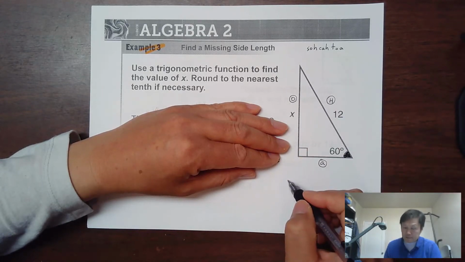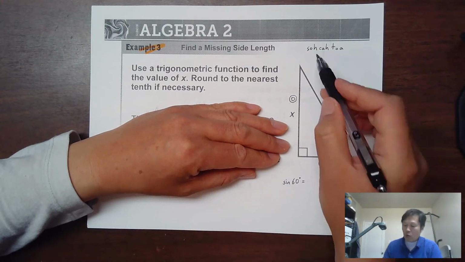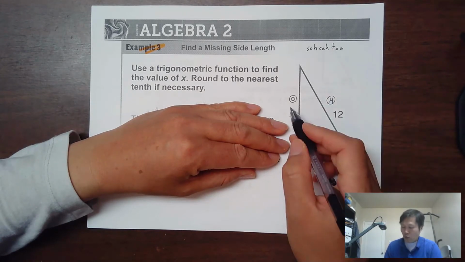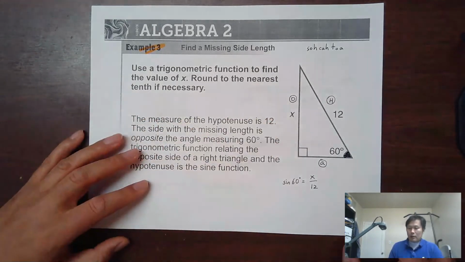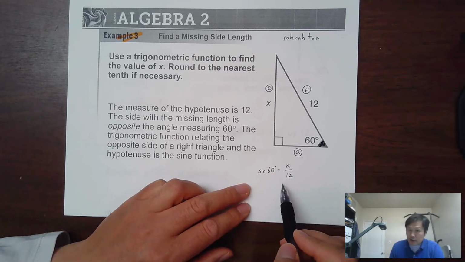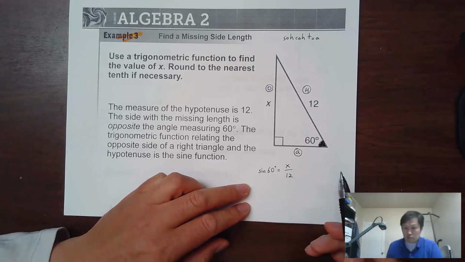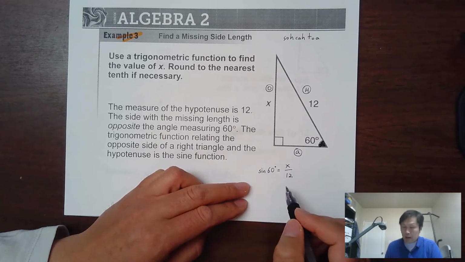You can set up sine 60 degrees is equal to o over h, which is x over 12. If you understood this setup of the equation, that's really good. That's the key point on this problem.